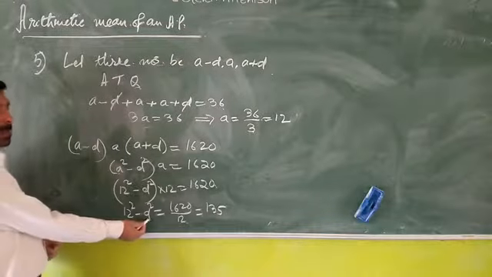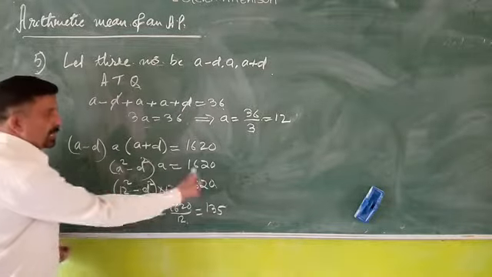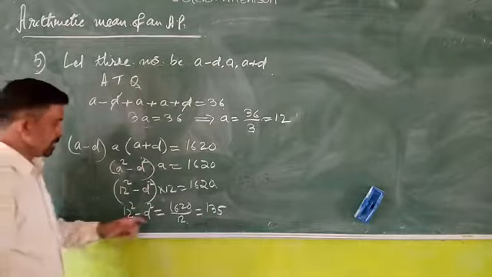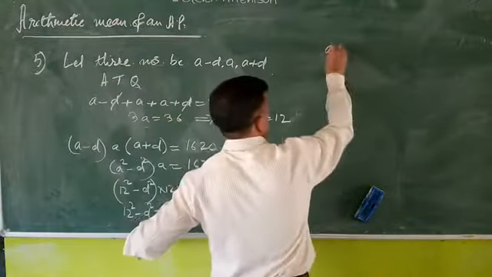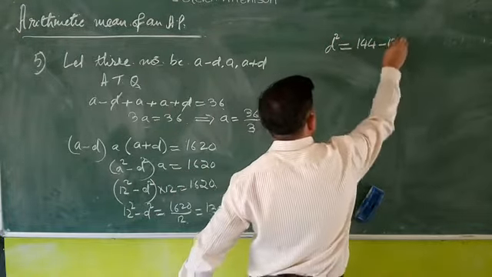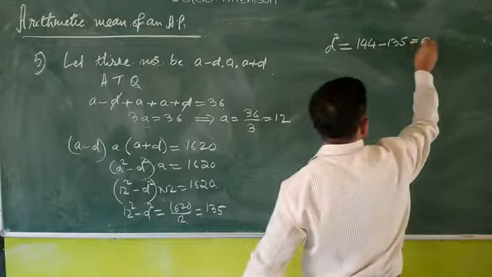Now we are going to find the value of D. So this D square will be taken to the right side, and 135 will come to the left side. So D square is equal to 144 minus 135, and this is equal to 9.